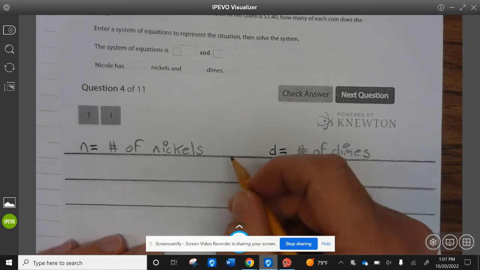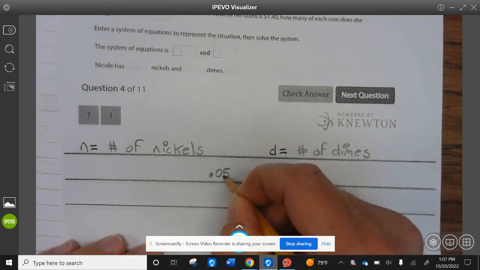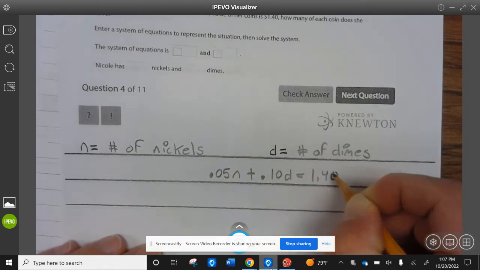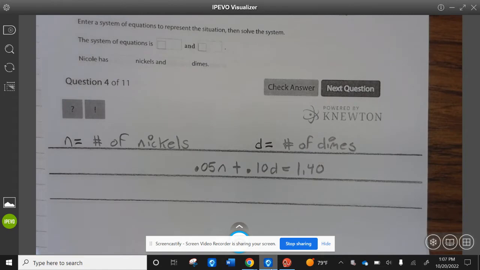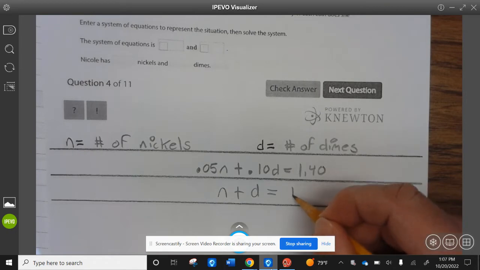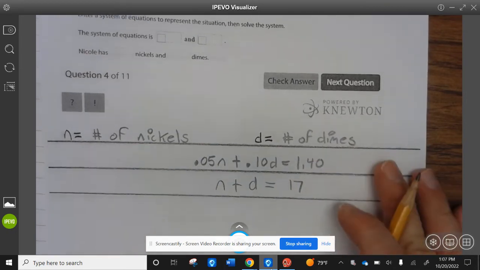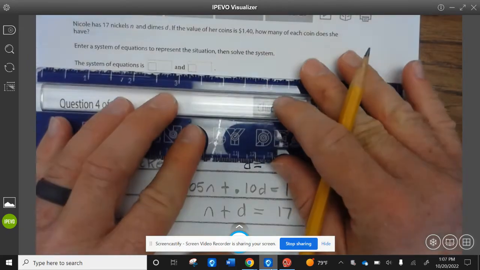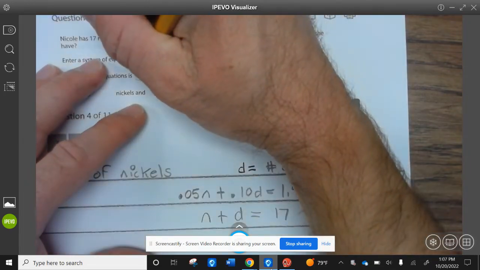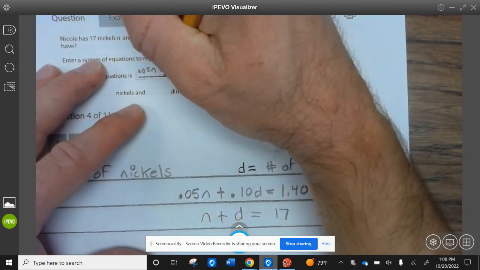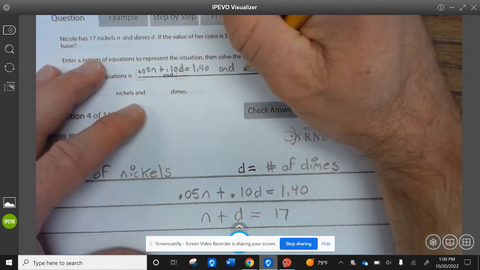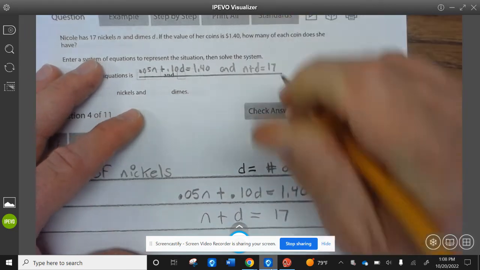So we know that 0.05 N plus 0.10 D equals $1.40, and then we know that N plus D equals 17. So there's our equations.